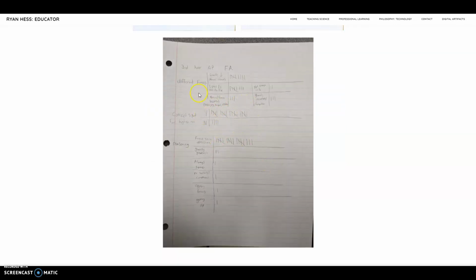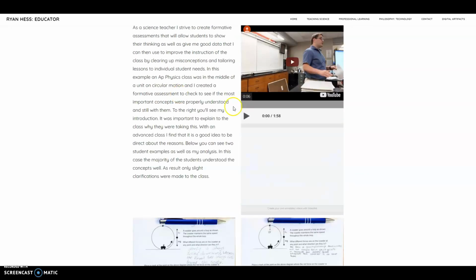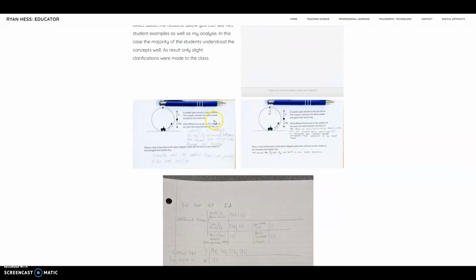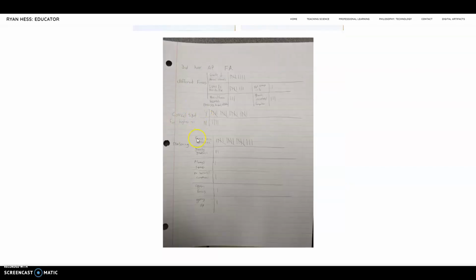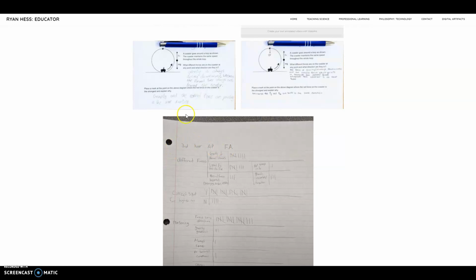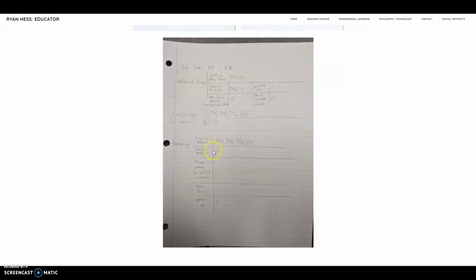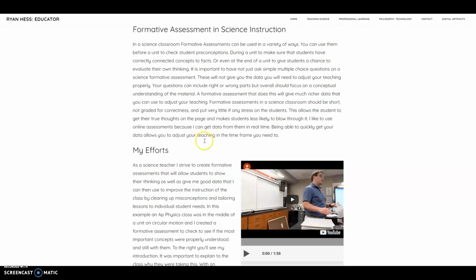The idea here is you create a visual that you can look at and quickly see where student thinking is going. In this case, the class actually had a very good understanding, and I was certainly impressed with them. The vast majority of them got it right, but the few that didn't, I was able to help later on and go back and correct their misunderstandings.